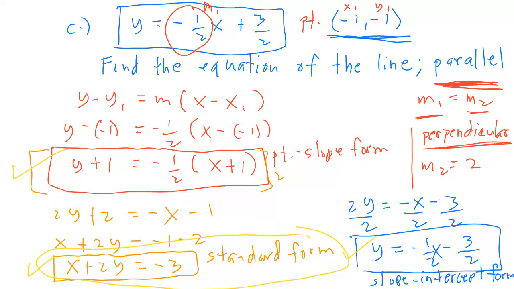So that should be the one that's parallel to the equation y is equal to negative 1/2 x plus 3 over 2, and it should be passing through that point, negative 1, comma, negative 1. Okay, so let's check our answer by graphing.